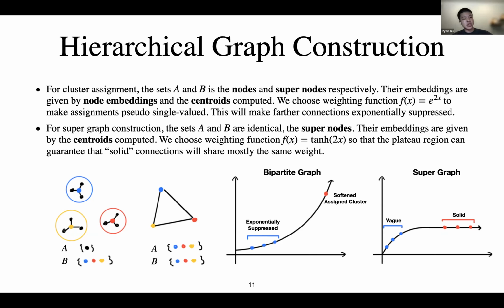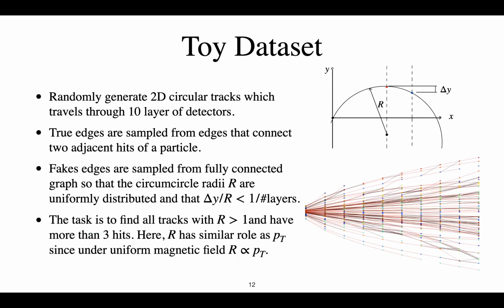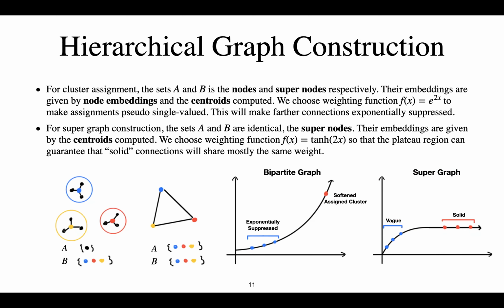Okay, so I guess I can move on to the results. Sorry, one more question. Sure. Do I understand correctly that you are connecting these two levels of graphs and performing a single training so that the parameters are optimized simultaneously for the lower level and higher level graph?